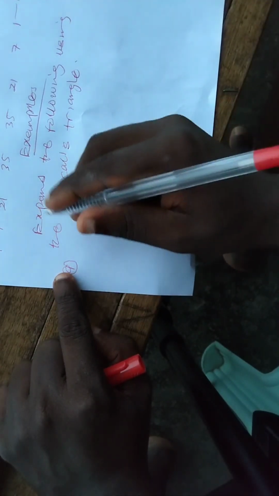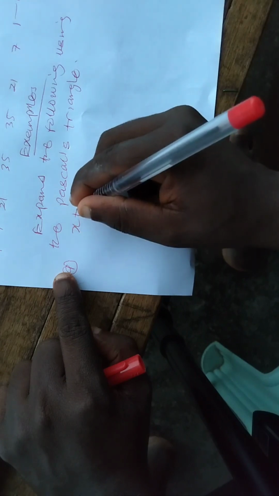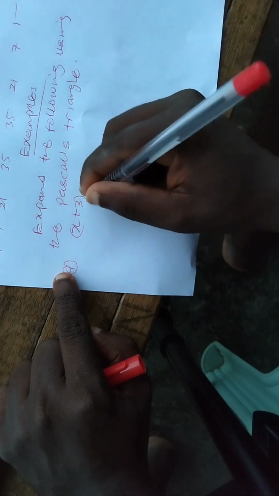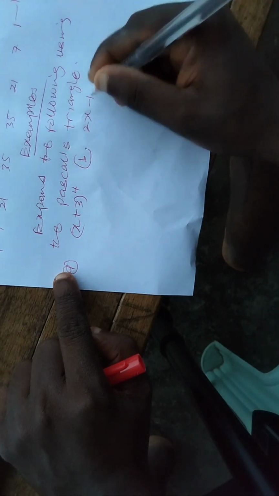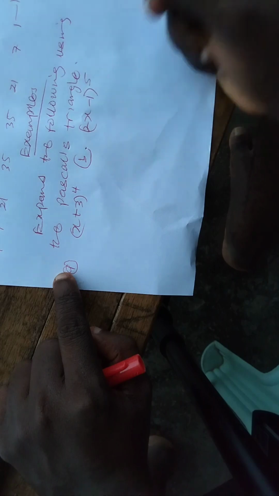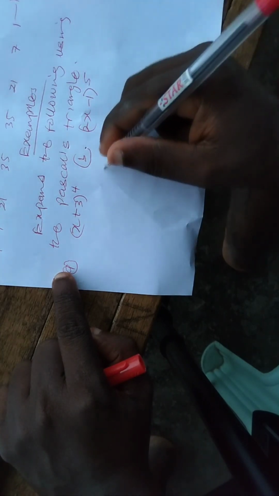A, we have x plus 3 raised to power 4. B, we have 2x minus 1 raised to power 5. So we have solutions.